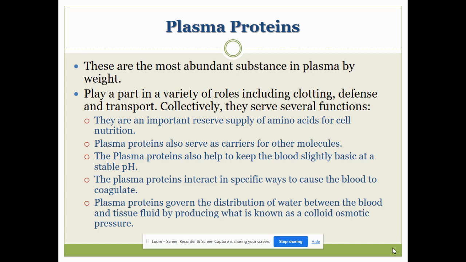Plasma proteins also help to keep the blood slightly basic in pH. The plasma proteins interact in specific ways to cause the blood to coagulate. Plasma proteins govern the distribution of water between the blood and other tissue fluid by producing colloid osmotic pressure.